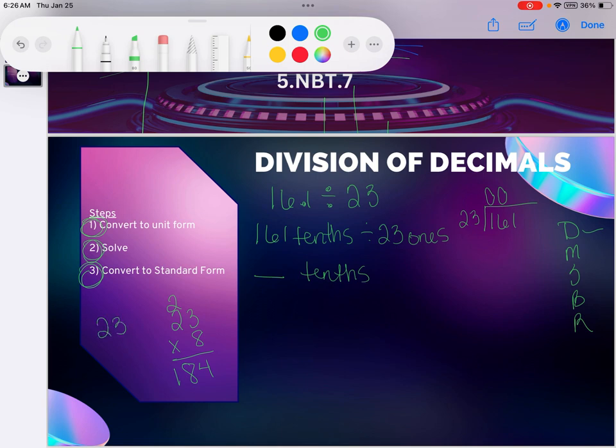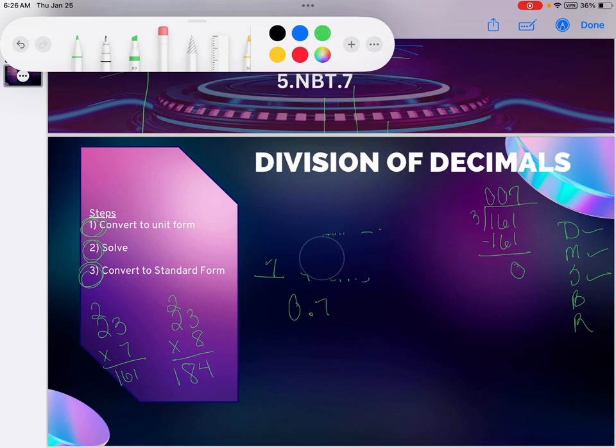Let's go down 1. 161. Perfect. So put my quotient. Now we have to multiply. So 7 times 23 was 161. Now I want to go ahead and subtract, and I get 0. Nothing to bring down. So my answer is 7 tenths, which would be 0 and 7 tenths. Okay? All right, let's step it up even more.